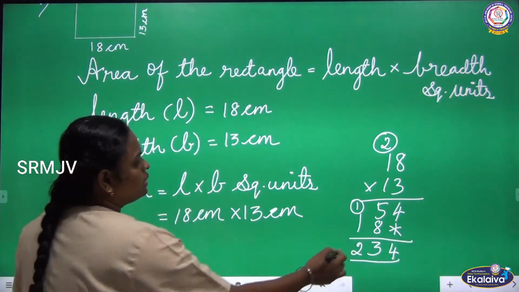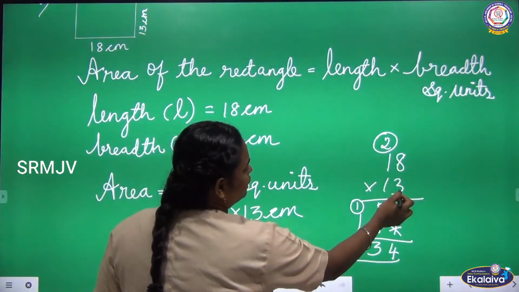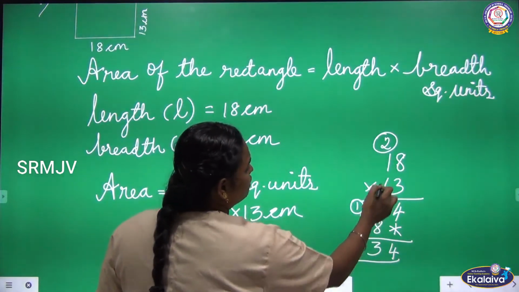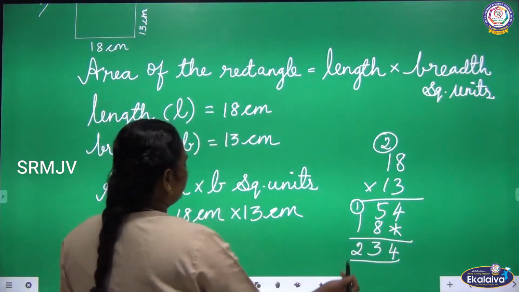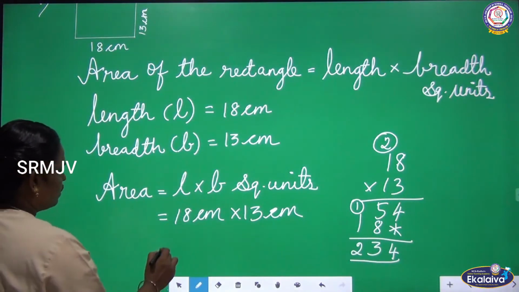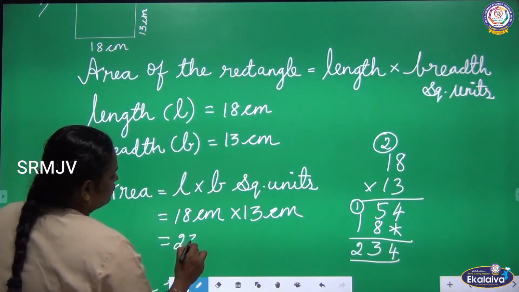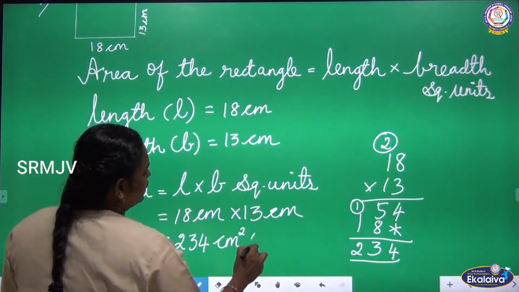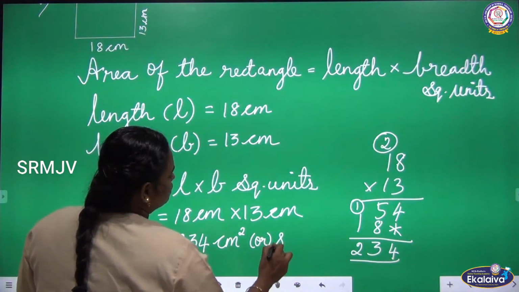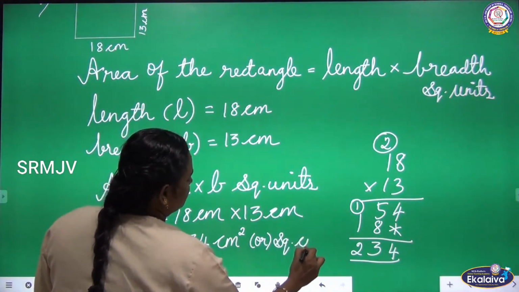So 234. You can write centimeter square or square centimeter.